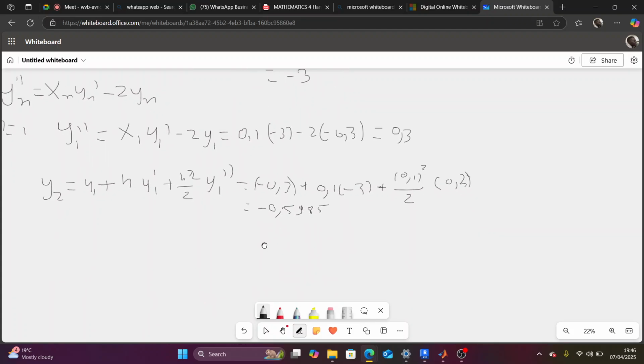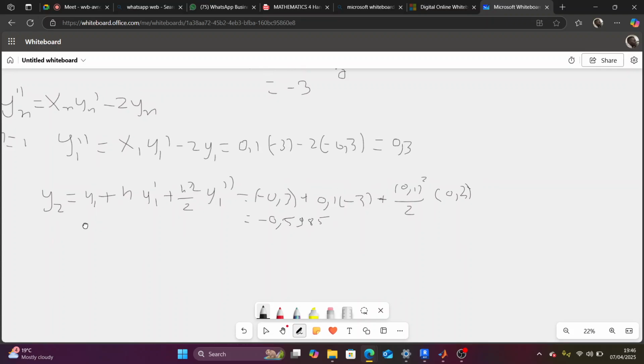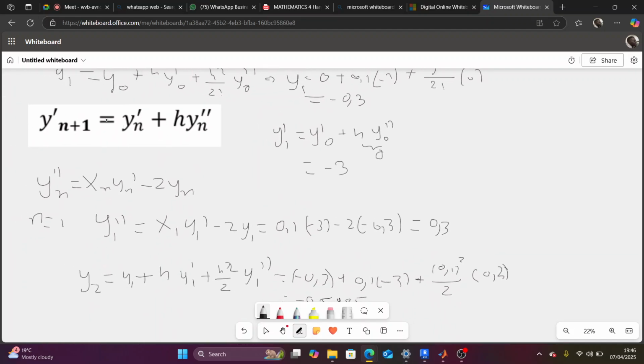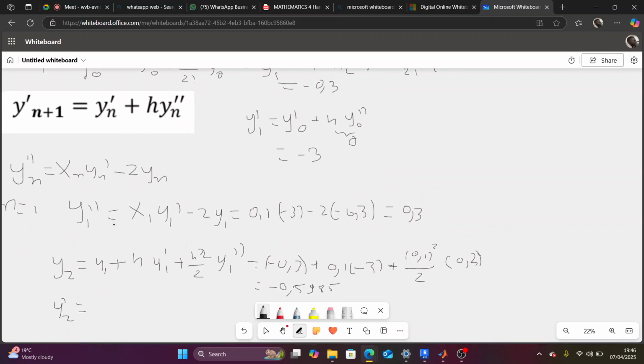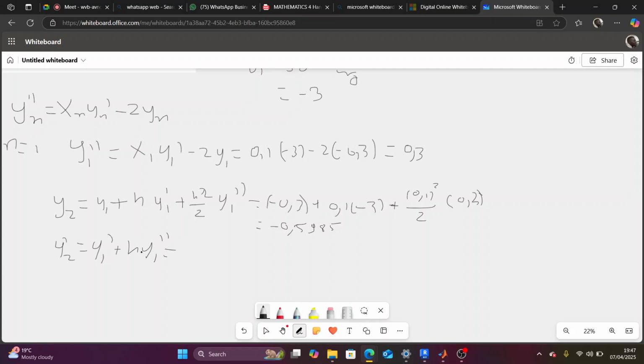Now, while you get this, it means you got y2. You can also get y prime 2. How do you get y prime 2? You use this formula. For n equal 1, if you put 1 here, you'll get y prime 2. If you substitute on the formula, it becomes y1 prime plus h y1 second. So what is y1 prime?